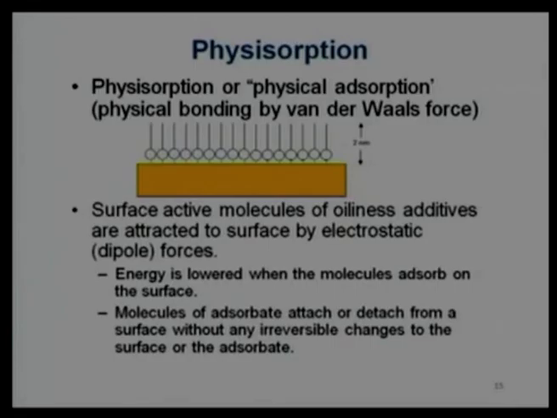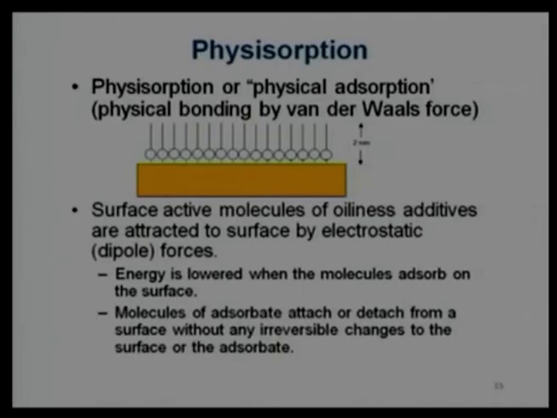It is attachment and detachment. Because of the molecular attraction, the lubricant will get attached to the surface, and at high temperature it will get detached, or under sliding condition it will be disrupted and detached from the surface.